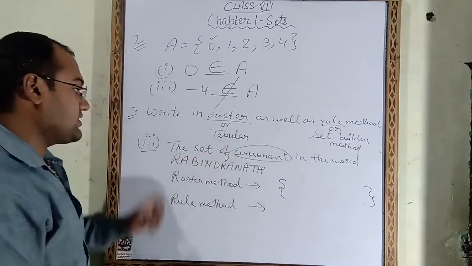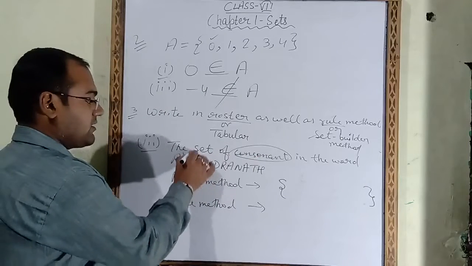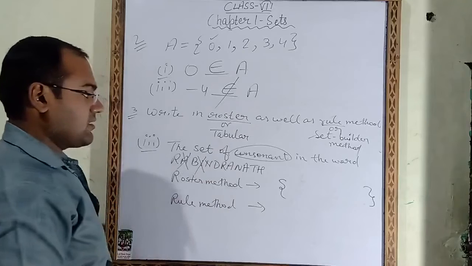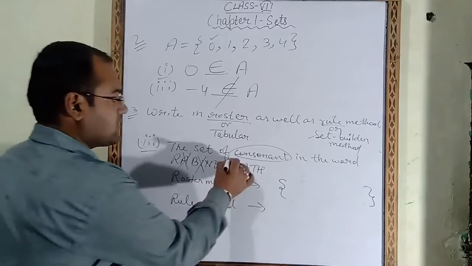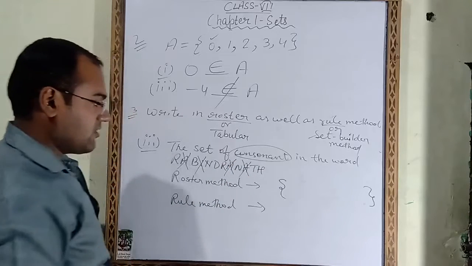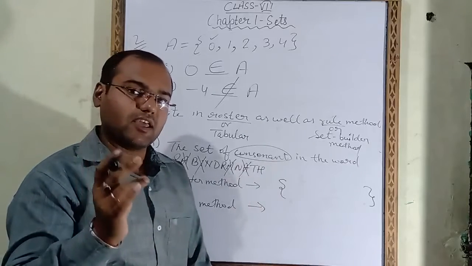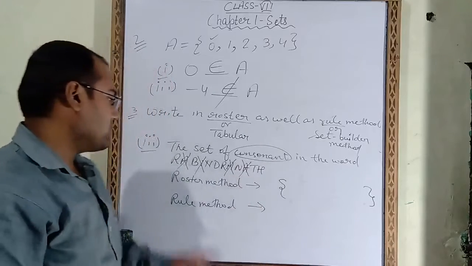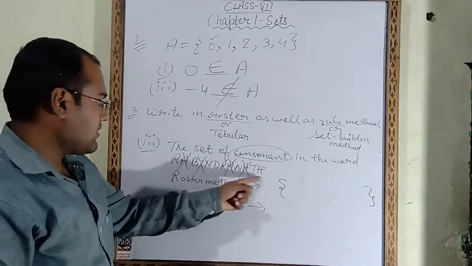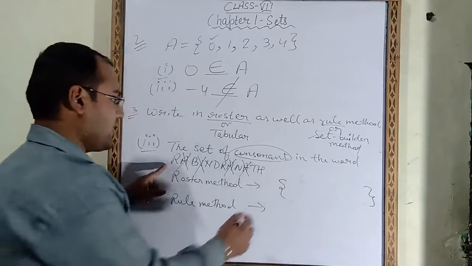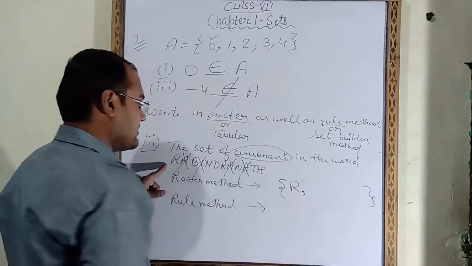Which consonants are there? We will not take A, E, I, O and U. We have to take only consonants, the rest of the alphabets. So first of all we will take R. This is a consonant.